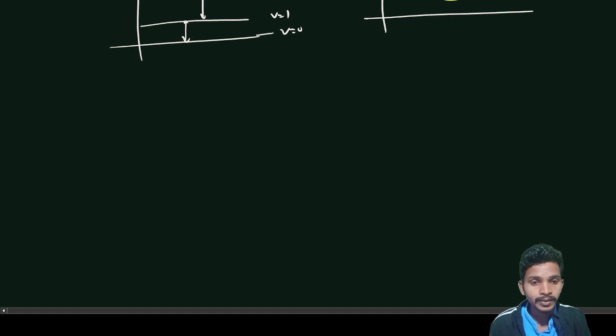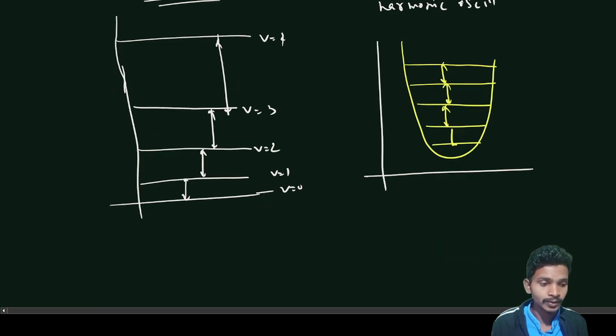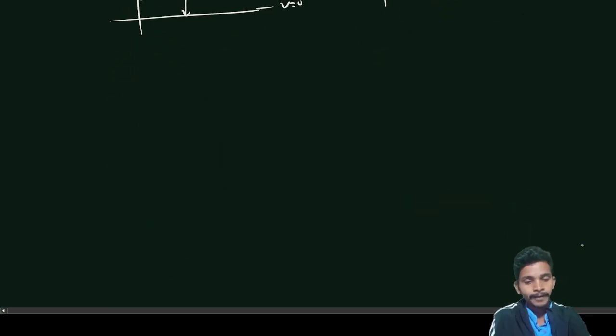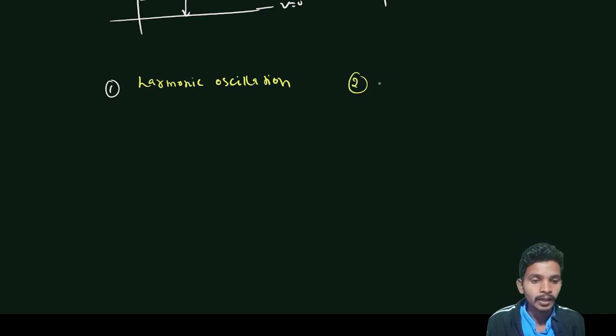Now for oscillations, we have harmonic and anharmonic oscillation. One is harmonic oscillation, and another one is anharmonic oscillation.